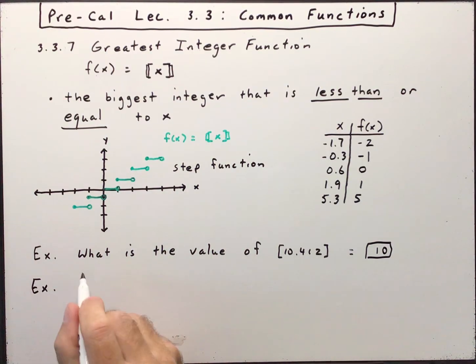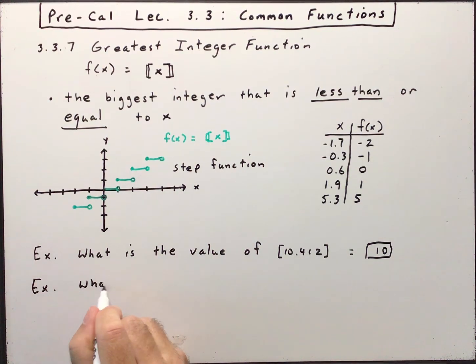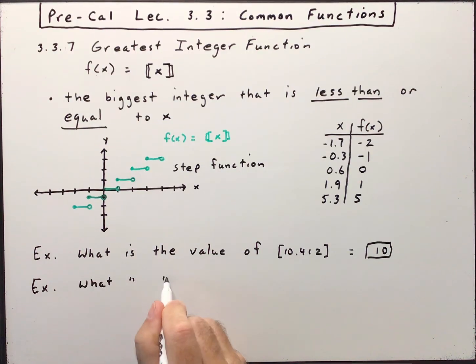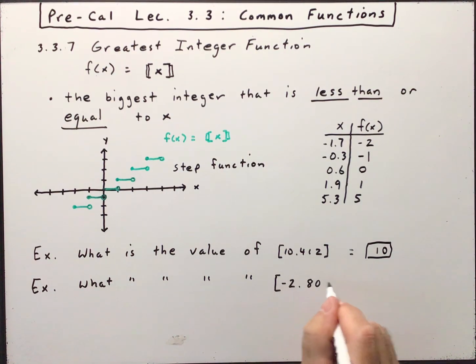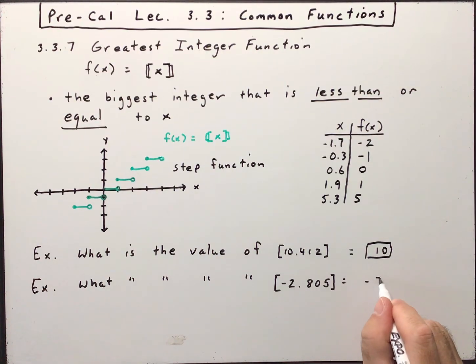All right, let's do another one. What is the value of, how about, and this is where students mess up, -2.805. They might accidentally go the wrong way, but the answer is this rounds down to -3.